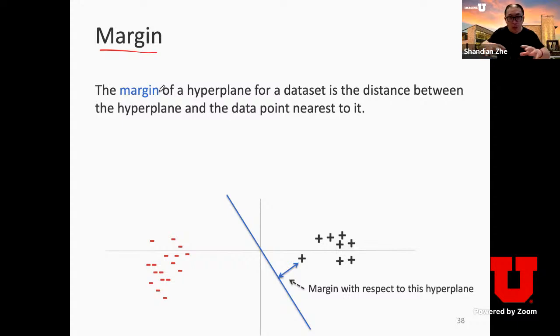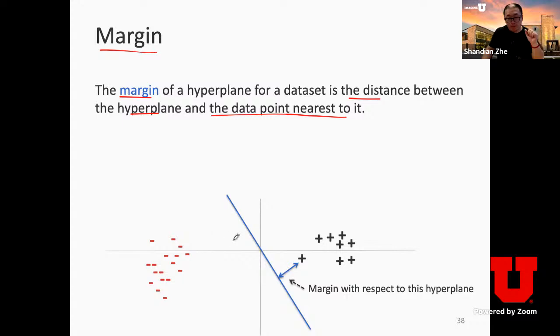The margin is originally used to define the property of a separating hyperplane. If a data set is linearly separable, and we have such a separating hyperplane, then this hyperplane has a margin. This margin is defined as the distance between the hyperplane and the data point nearest to it. In other words, it's the minimum distance between the data points in the data set and the hyperplane.